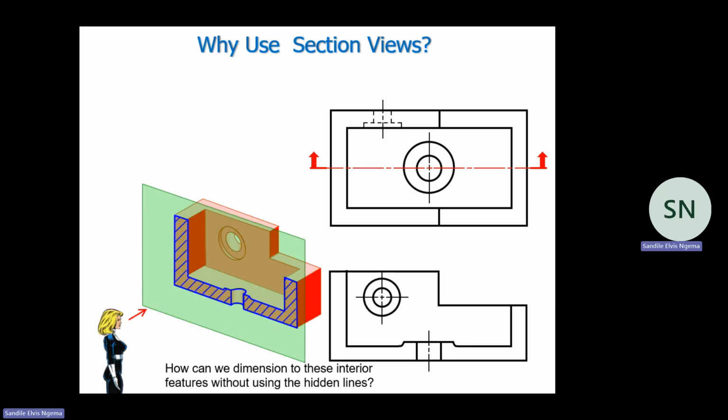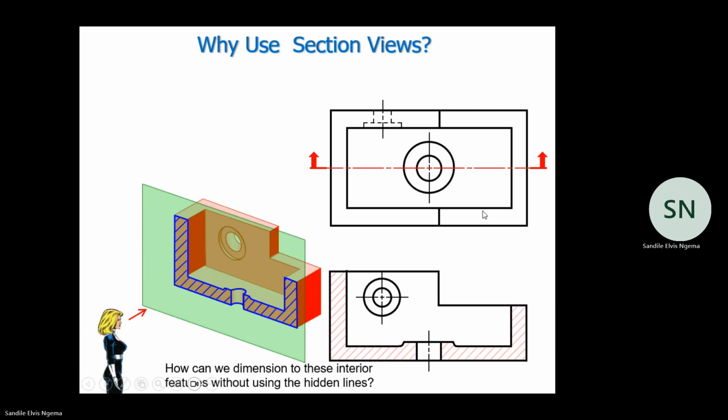Now, what we need to do is indicate areas that were in contact with the cutting plane on our front view. Remember, this is our front view, and this is our top view, right?